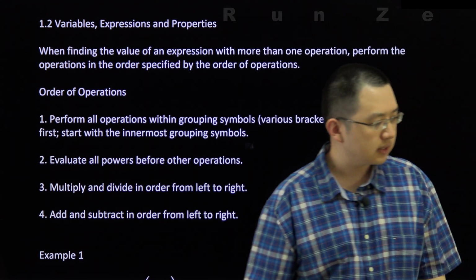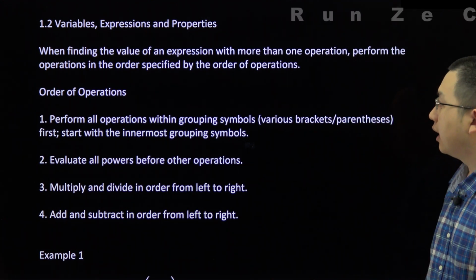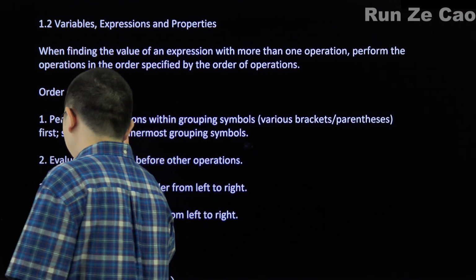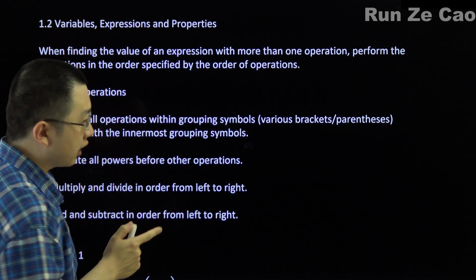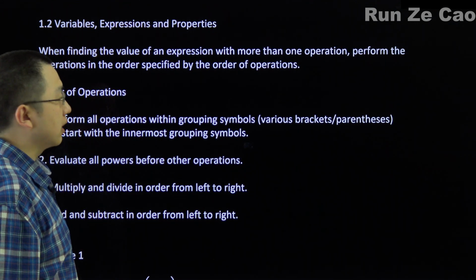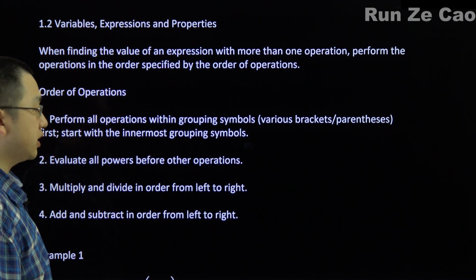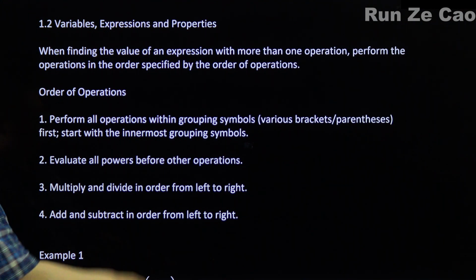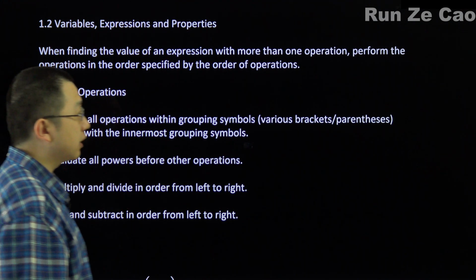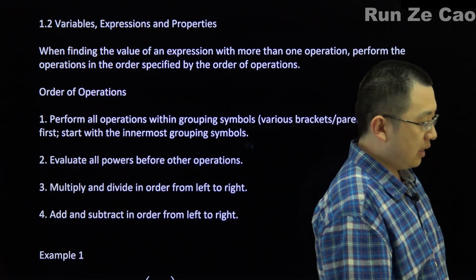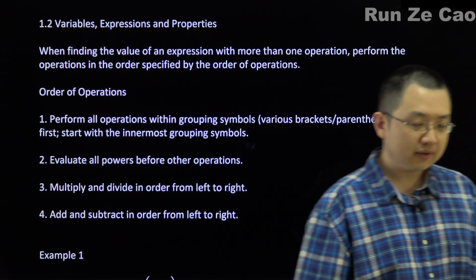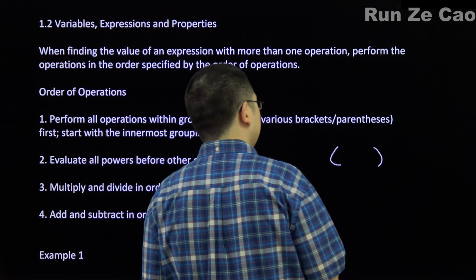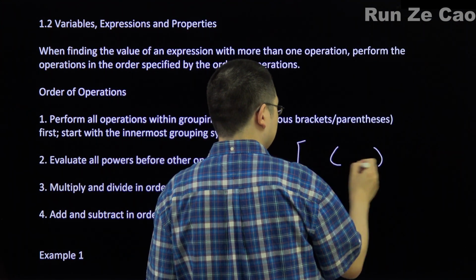Variables, expressions, and properties. When you're finding the value of an expression that has more than one operation, i.e. you have, say, add something and then subtract something, you follow the order of operations. You start with brackets, so grouping symbols. They can also be called parentheses. You start with the innermost grouping symbols. Usually, if you have nested brackets, you have something like this.